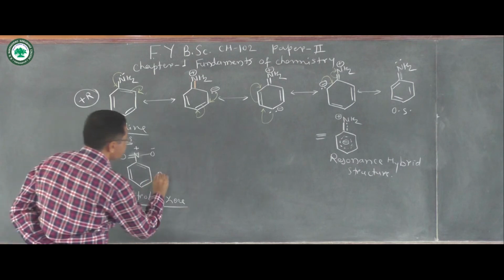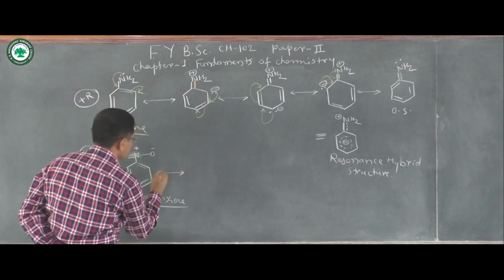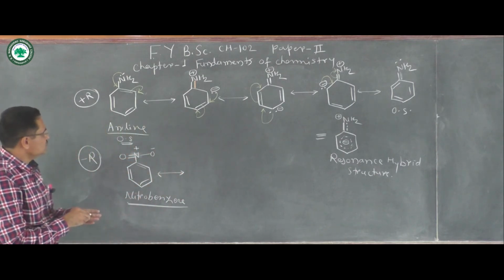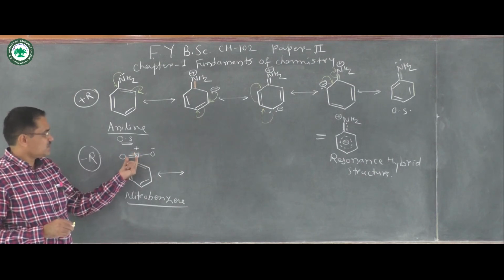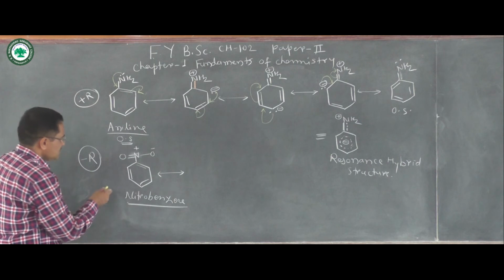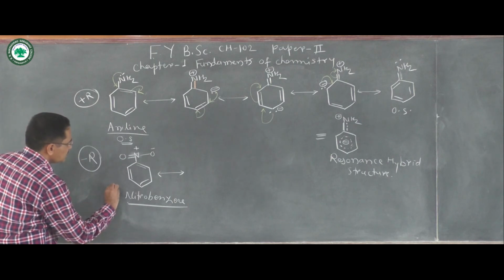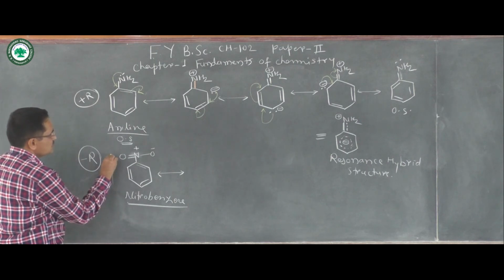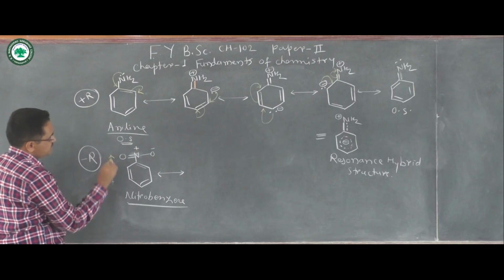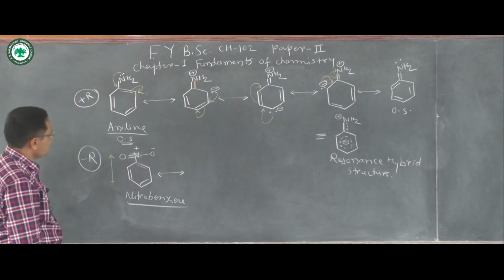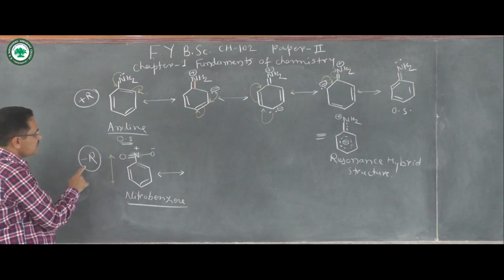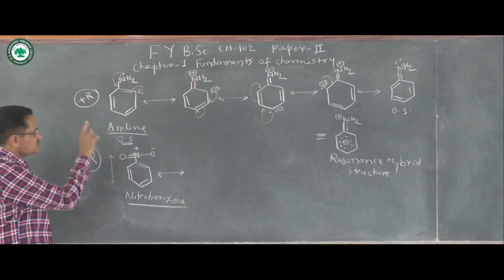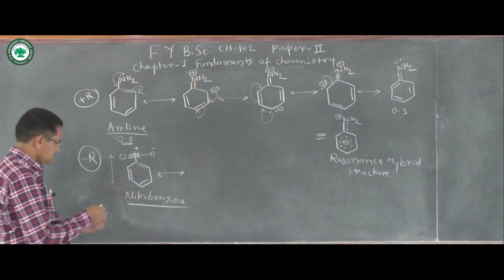Now here, due to the 2 oxygen and 1 nitrogen, the bond pairs are moved towards the NO2 group, and hence this NO2 group is considered as a minus R group and the effect is called minus R.